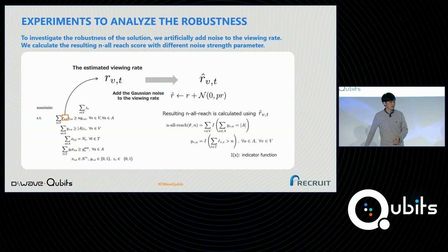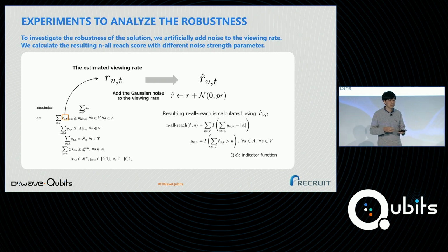Okay. So we did experiments to analyze the robustness of the solutions obtained by the CQM and IBM CPLEX. We added artificial noise to the estimated viewing rate, R, and we created R hat. And we calculated the evaluation score using this noisy estimated value.